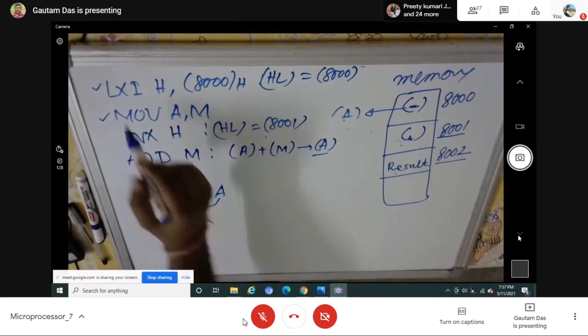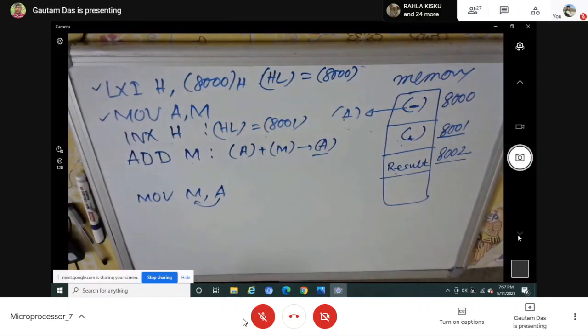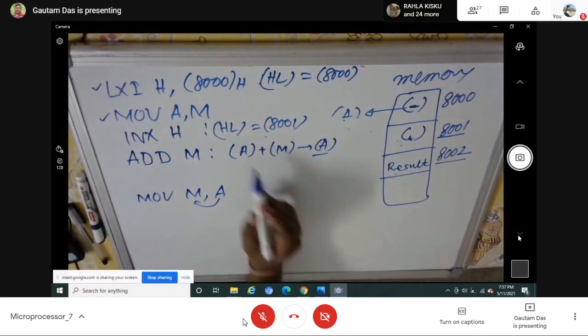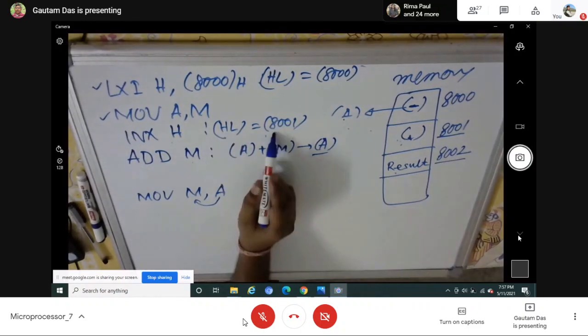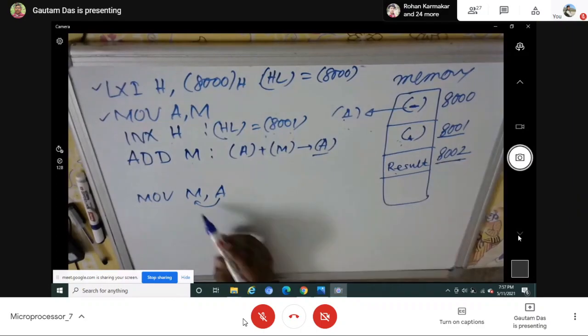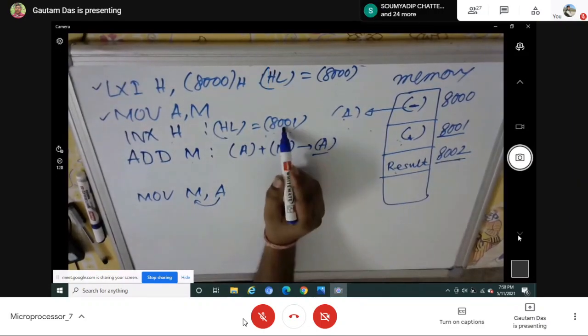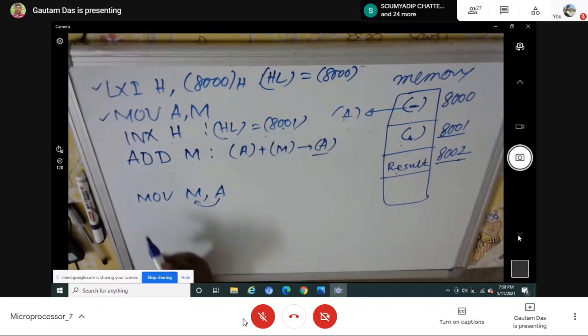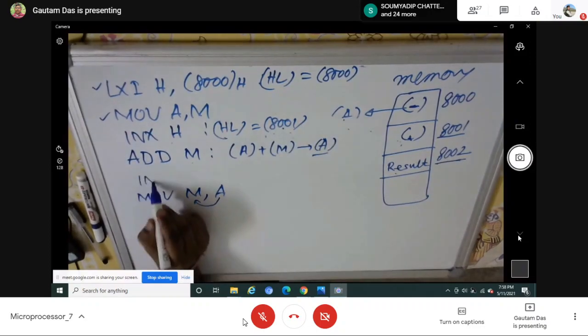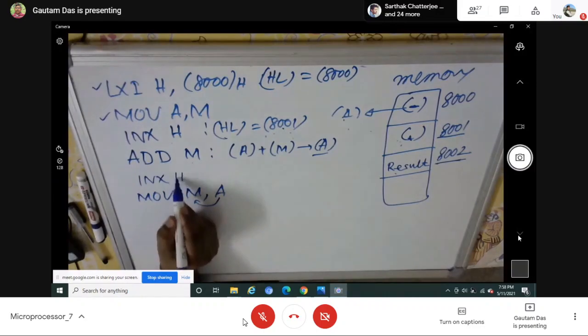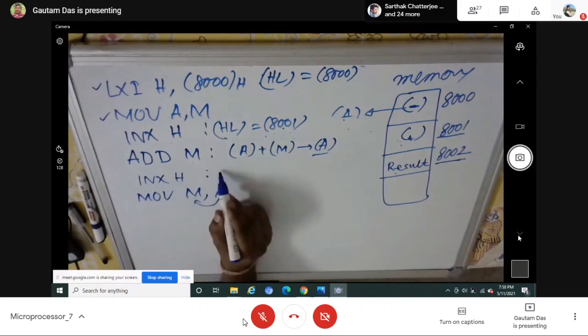Now let's take the previous instruction. What is the latest content of HL? The latest content of HL is 8001. So you want to change this HL content to 8002, because there you want to move. So how can this 8001 content of HL be changed to 8002? Again we use the instruction INX, which increments the content of the register pair by 1.